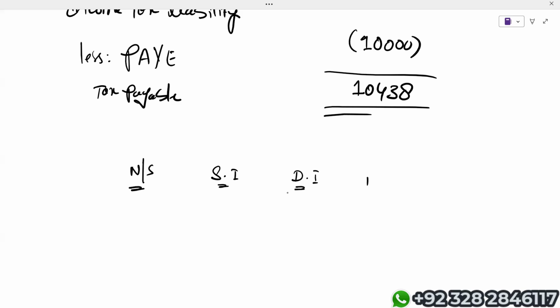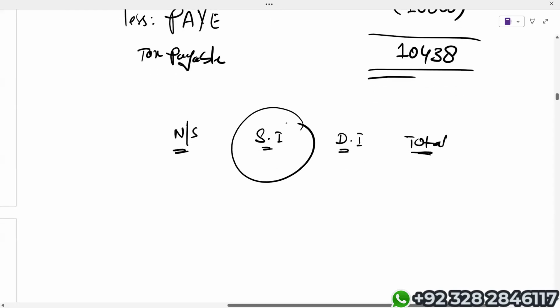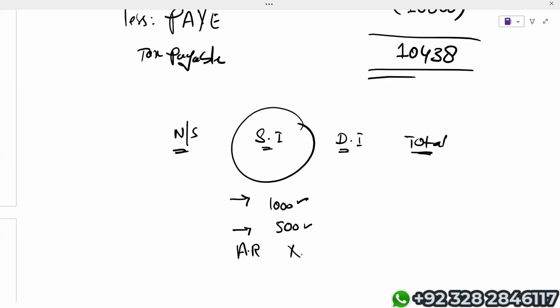Okay, non-saving, saving, dividend, and then there's a column of total. Now listen to me carefully, students. When it comes to saving income, someone who is a basic rate taxpayer gets nil rate band of £1,000. If someone is a higher rate taxpayer gets nil rate band of £500. Someone who is an additional rate taxpayer does not get a nil rate band for the saving income.